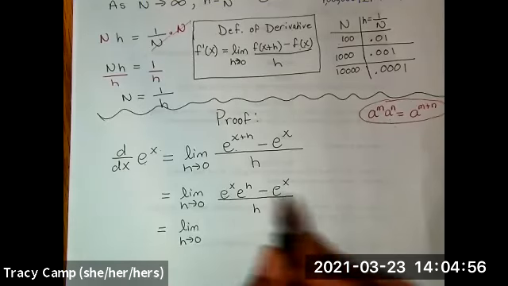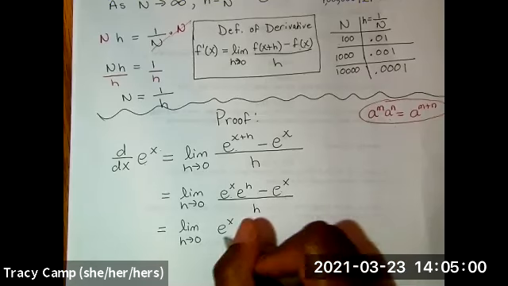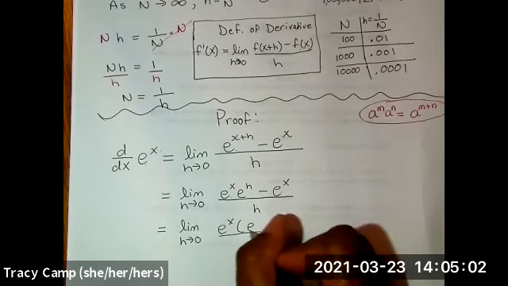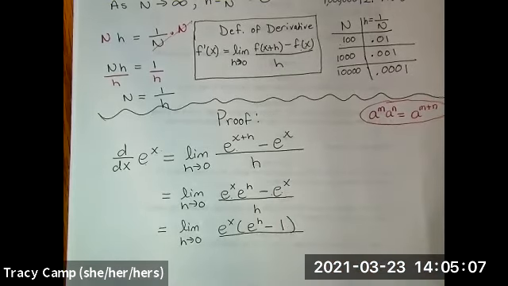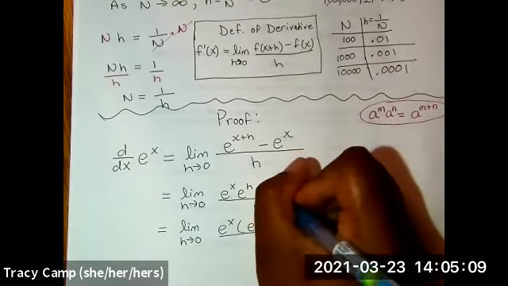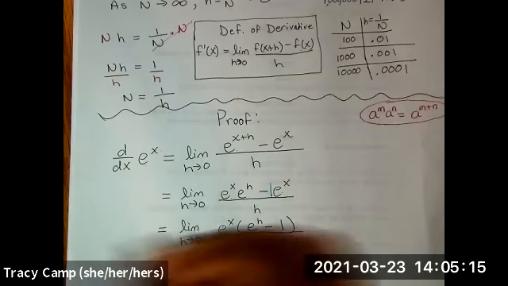I'm going to factor out an e to the x because each one of these terms has an e to the x in it. And I'm left with e to the h minus 1 because there's like this invisible 1 here, right? If I distribute my e to the x, I'll just get what I started out with.